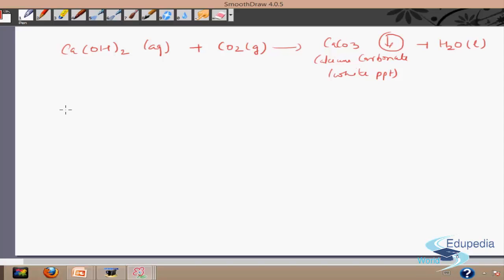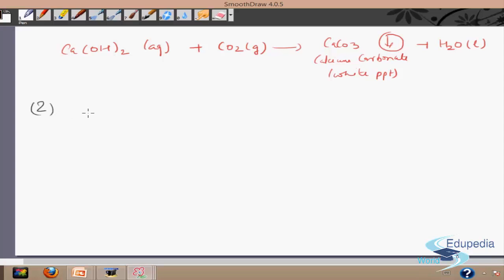As we have taken this example, where calcium carbonate is formed as a precipitate, if we take the upward arrow, it will indicate that the product is in the gaseous state.